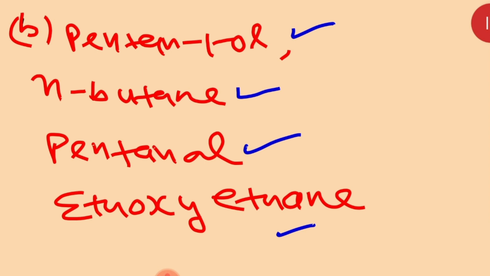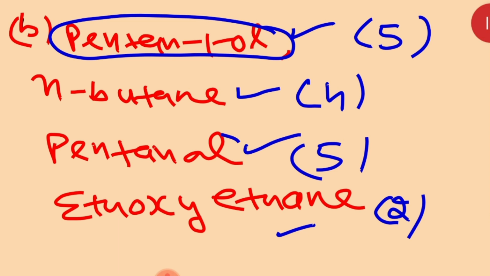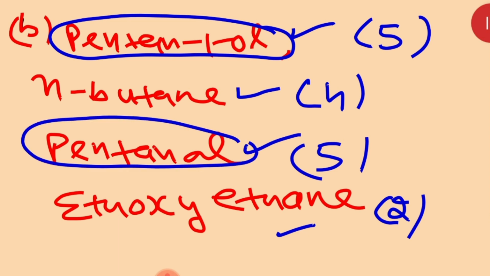Here the number of carbons is 5, here 4, here 5, here mainly a 2-carbon chain. Now which one has the highest boiling point? You will say, sir, there will be competition between this one and this one, because this is also pentane, this is also pentane, but here it is an alcohol, here it is an aldehyde.